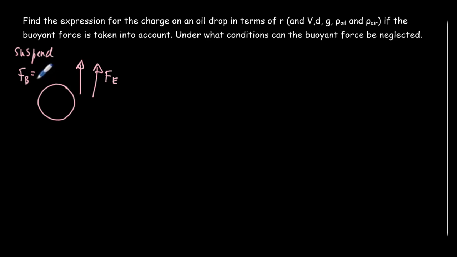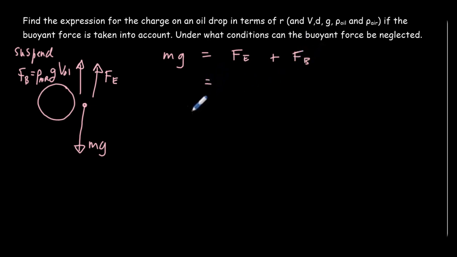So that will mean it's the density of the fluid, which is air, times g times the volume of the sphere, that 4/3 pi r cubed again. And of course, downwards, we're going to have mg. So if it's suspended, those forces must balance out. So mg must be equal to Fe plus the buoyant force.